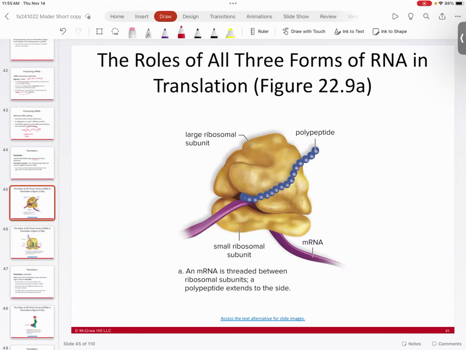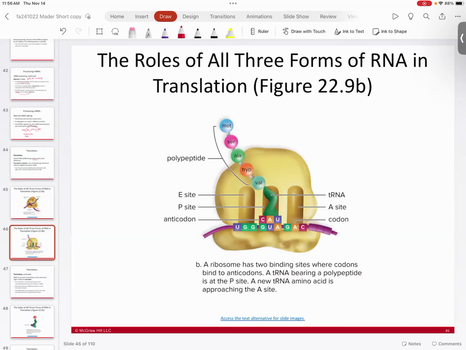This is what it looks like from the outside. You have your large subunit on the top, your small subunit on the bottom. You'll have your mRNA threaded through there, and your polypeptide growing as it adds amino acids in response to what's on the mRNA. So this is what the E, P, and A sites look like. The A site typically is what I refer to as the arrival site.